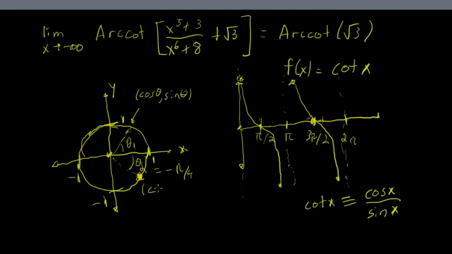The x coordinate of that is going to be cosine of negative pi over 4, and the y coordinate is going to be sine of negative pi over 4.